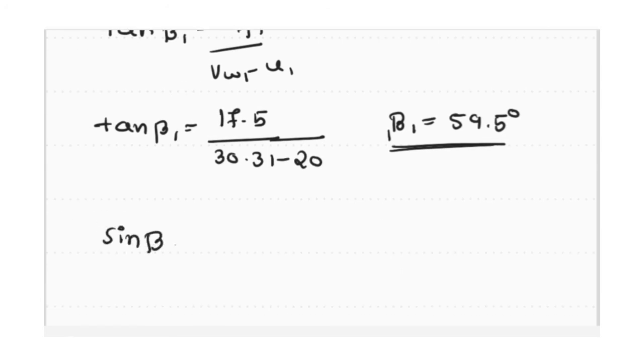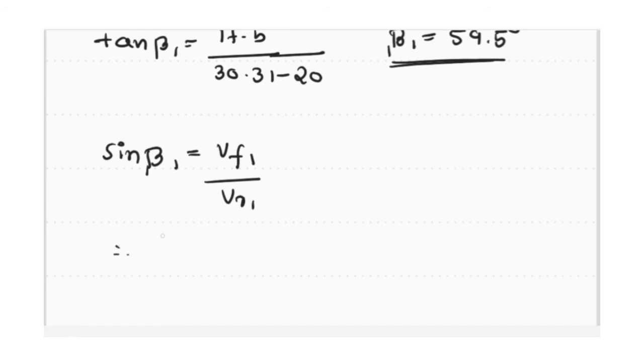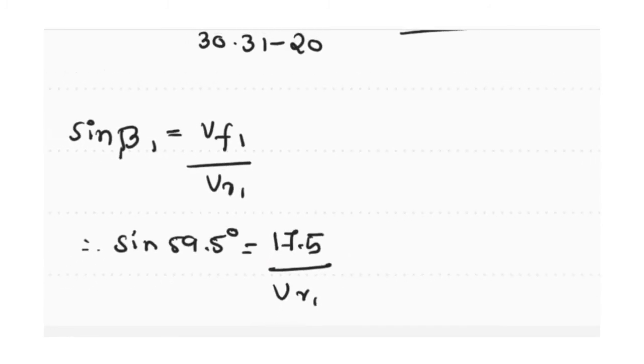Sine beta 1 is equal to the opposite side VF1 over the hypotenuse VR1. So we substitute beta 1 equal to 59.5 degrees, VF1 equal to 17.5, and VR1 is the unknown. So we'll calculate.